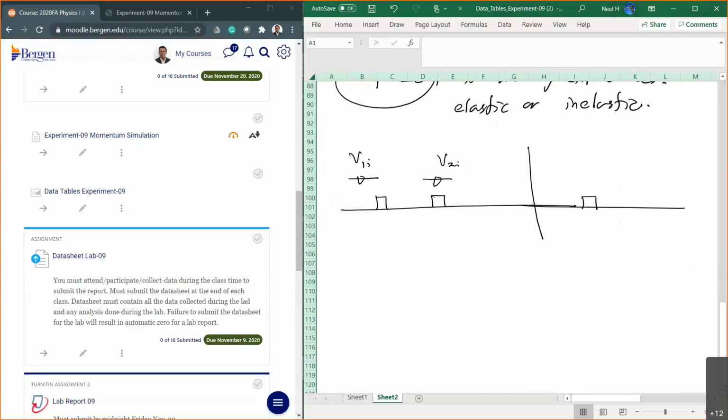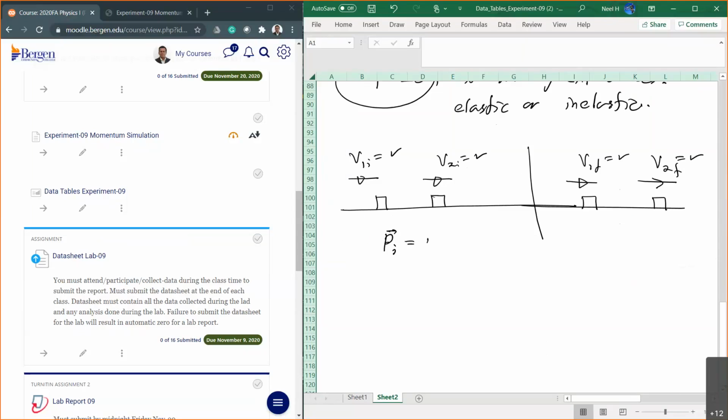After the collision, both of them will go in the same direction, or one can bounce back. Different things can happen, it doesn't matter. But if we know these velocities, we can understand everything. If I know velocities v1i, v2i, v1f, v2f, then I can calculate the initial momentum.